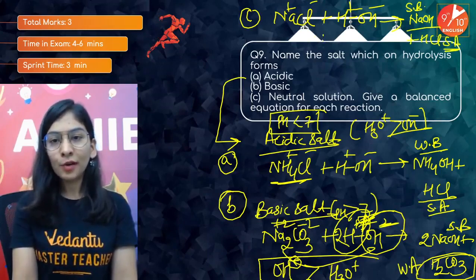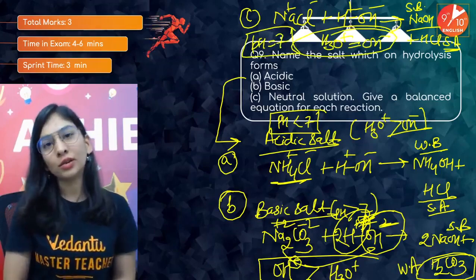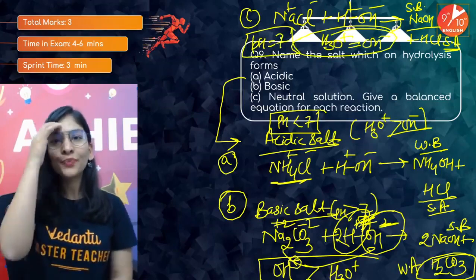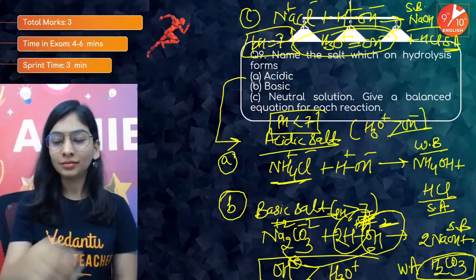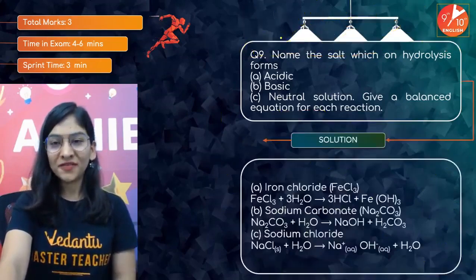So the amount of hydronium ion is equal to the amount of OH ion. So the pH of this solution is 7, and you'll get a neutral solution. So salt in water will give you a neutral solution. Got it? So what kind of question is this? A pastry question, because that's easy and good to have.